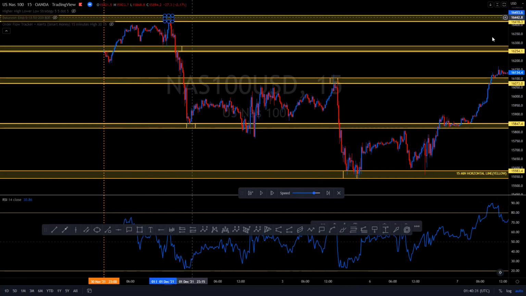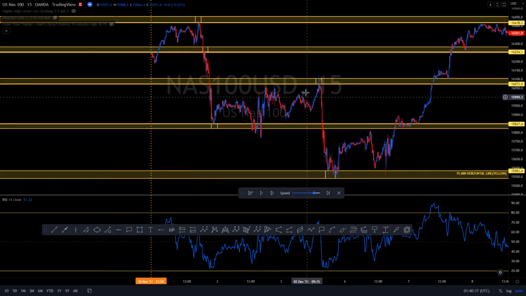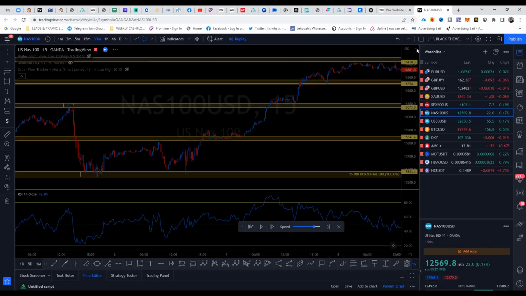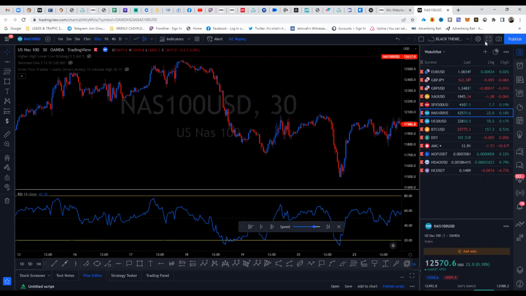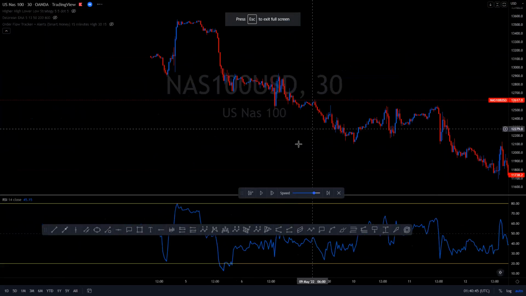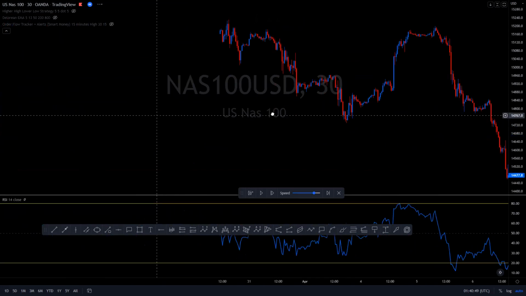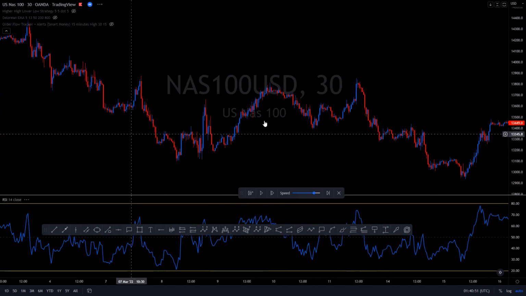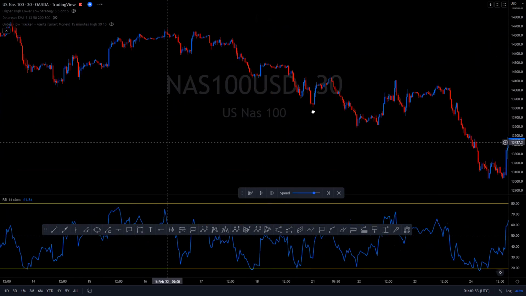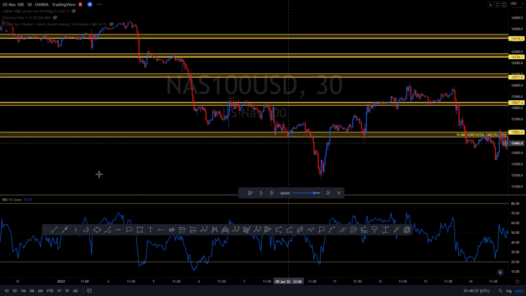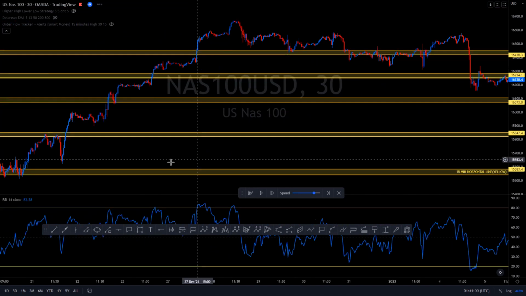So now that I marked up everything on the 15-minute time frame, I'm going to move on to the 30-minute time frame. And on the 30-minute time frame, I'm going to do the same exact thing. Of course, I'm going to go all the way back to where we last marked everything up.